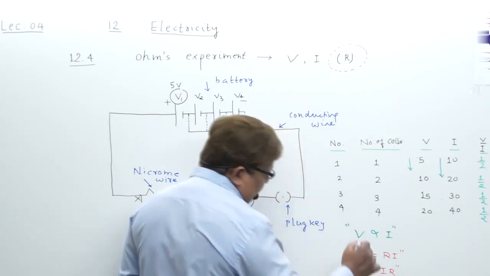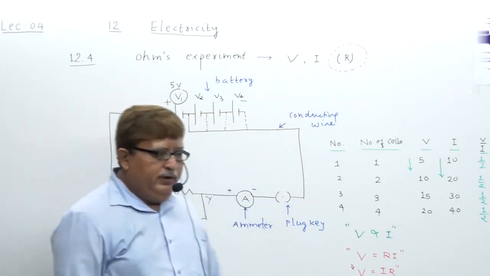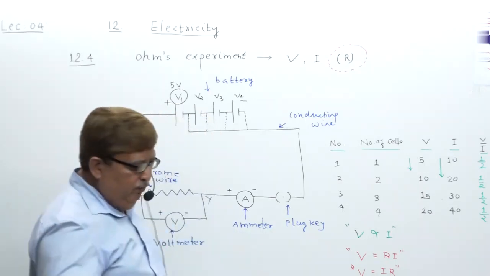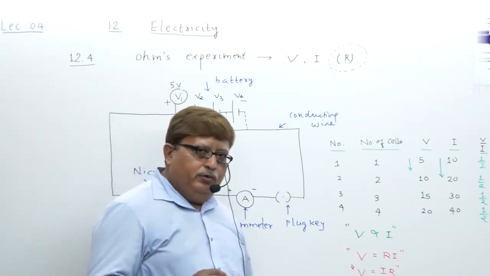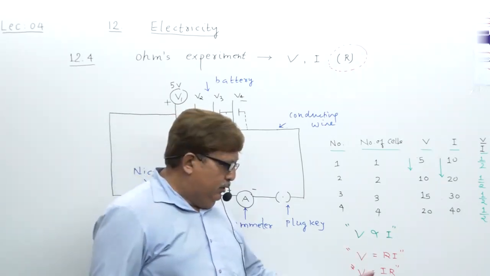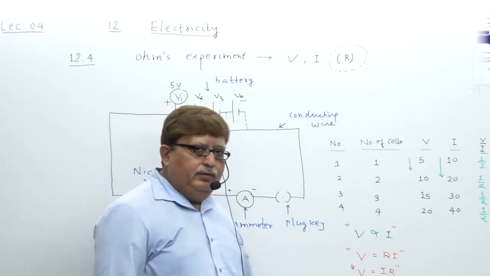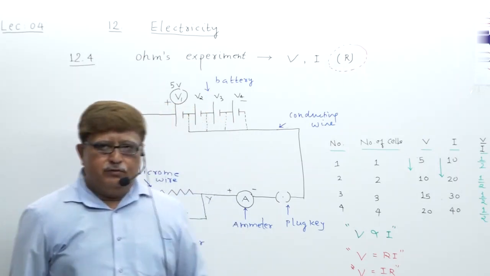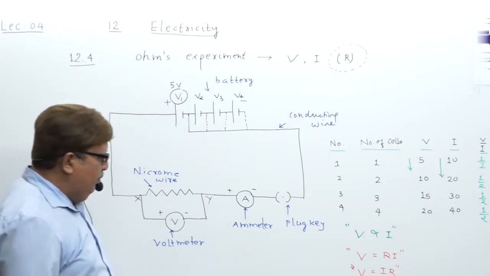Okay, actually this is Ohm's law. V varies to I, and if you want to remove this proportionality symbol, you have to place one constant, V equal to IR. R means resistance.